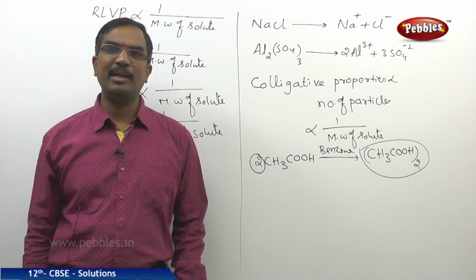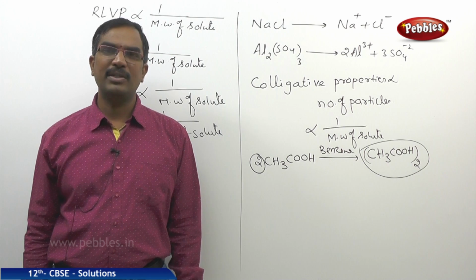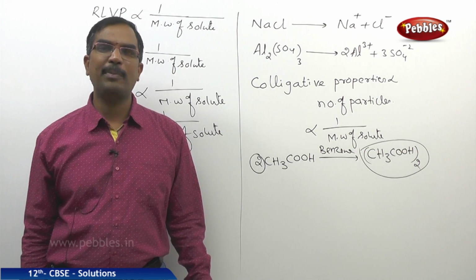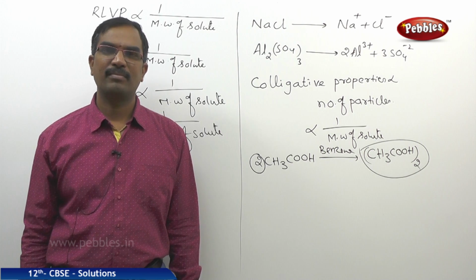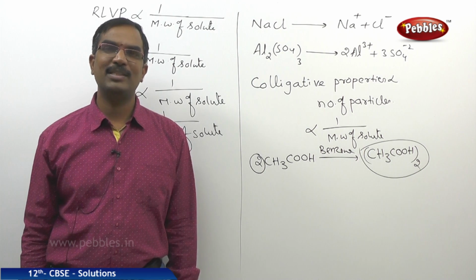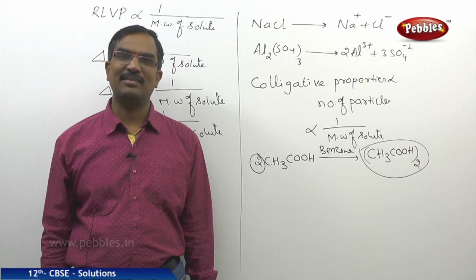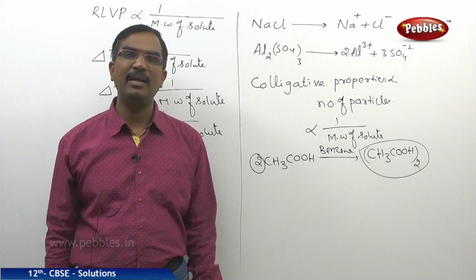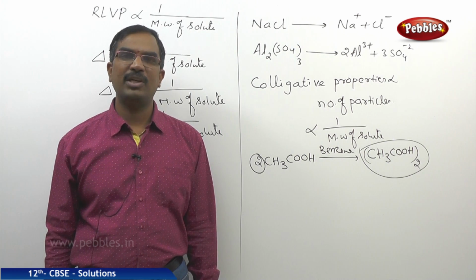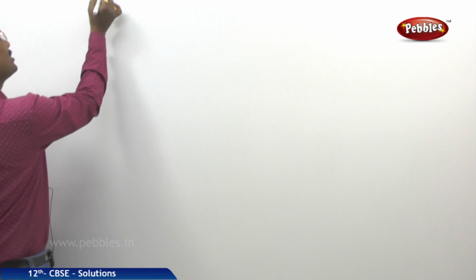So whenever solutes undergo association or dissociation, the colligative properties change. This leads to the conclusion that the observed molar mass of the solute will change; it may increase or decrease depending on the dissociation or association. Now let us see in detail what happens to the molar mass, which we call the abnormal molar mass.